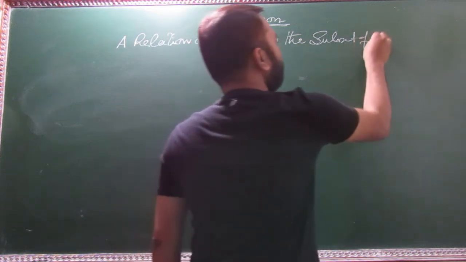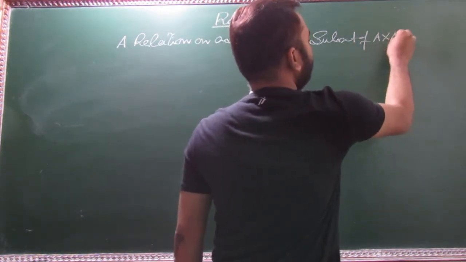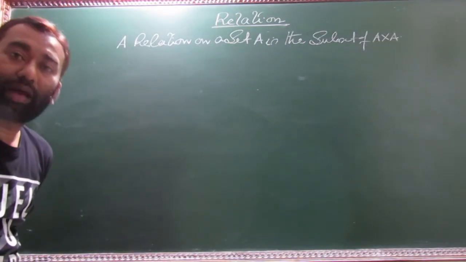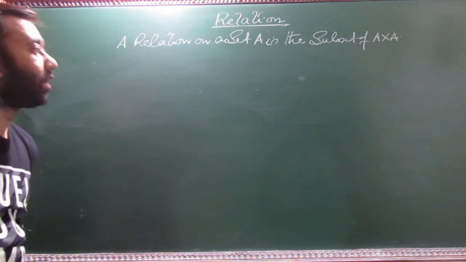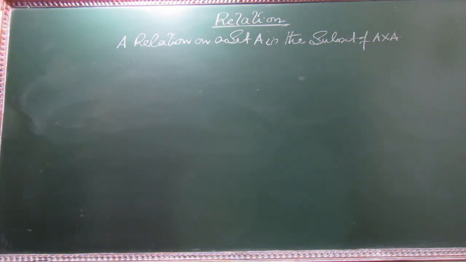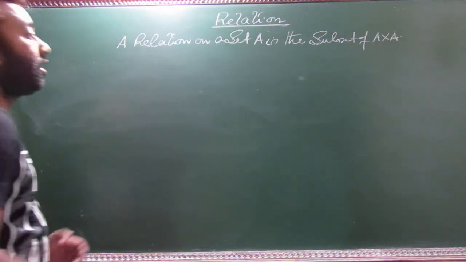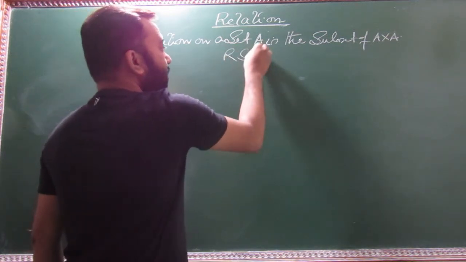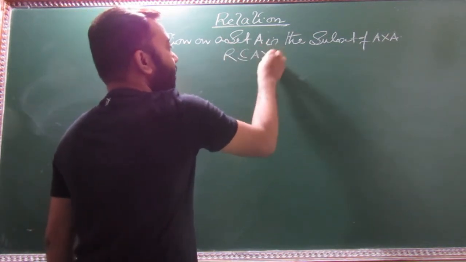A relation on a set A is a subset of A cross A. That means what? R is a relation that is a subset of A cross A.